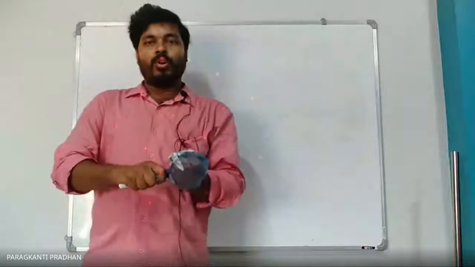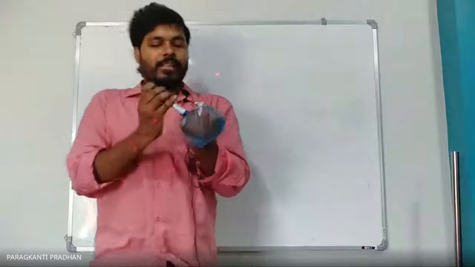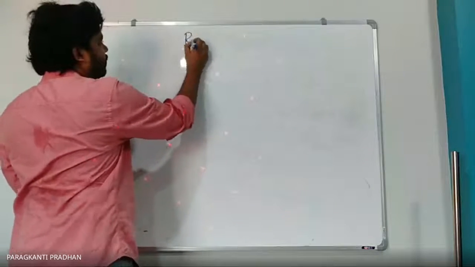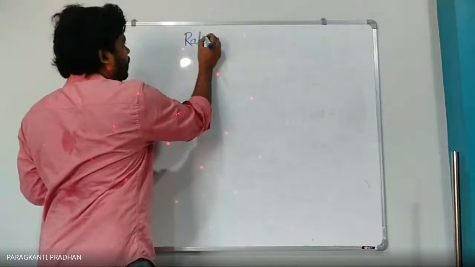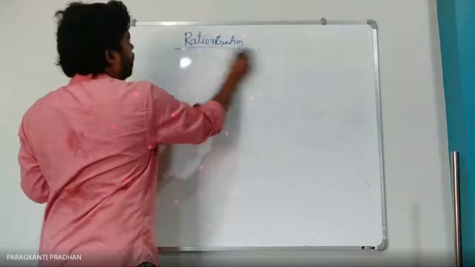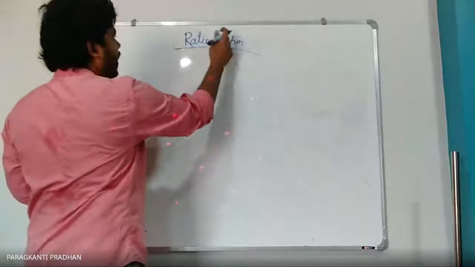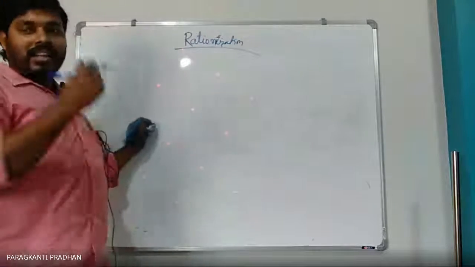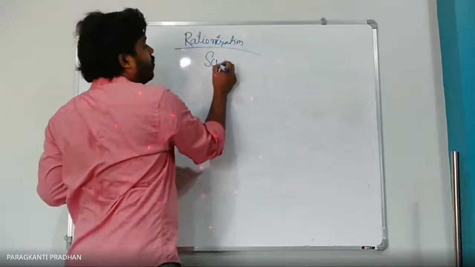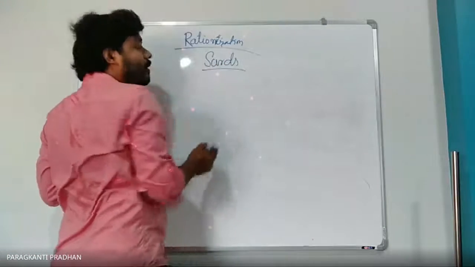Next, look, the next part is rationalization. What? Rationalization. What is rationalization? First, what are surds? At first you have to know about surds.